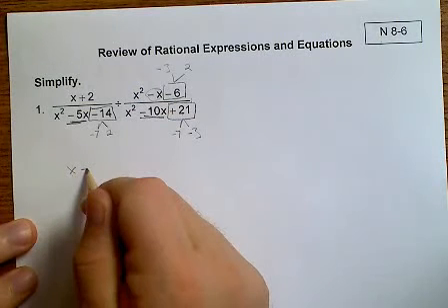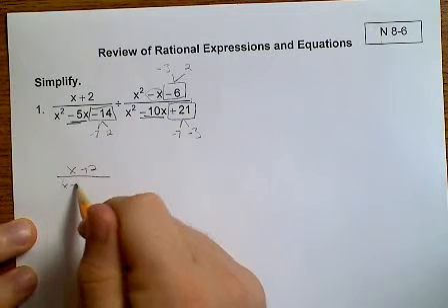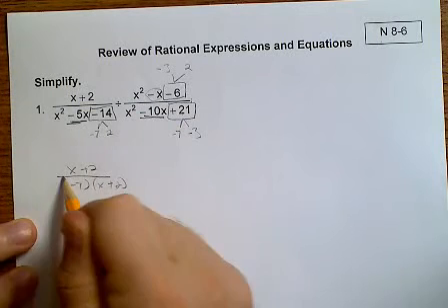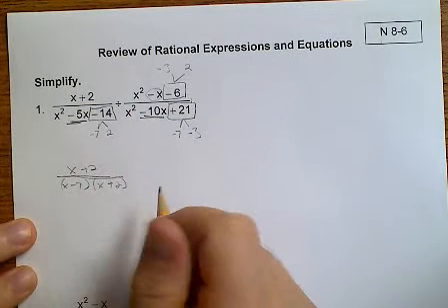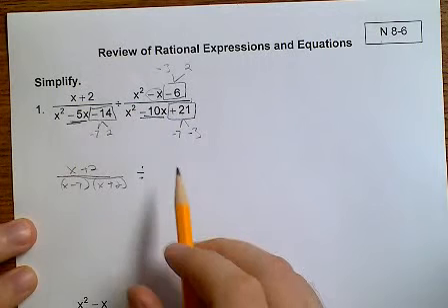x plus 2 over x minus 7, x plus 2, divided by, let's take a look at this.